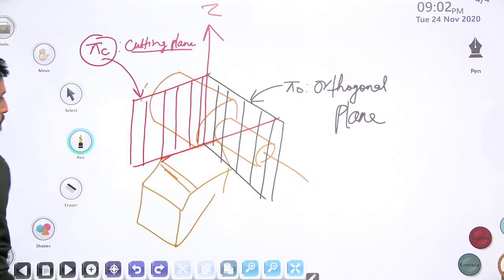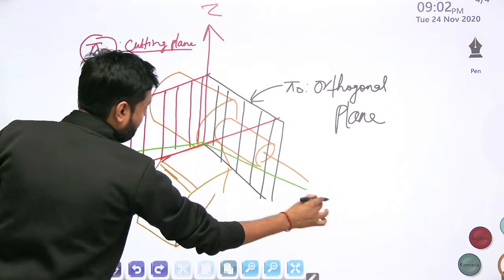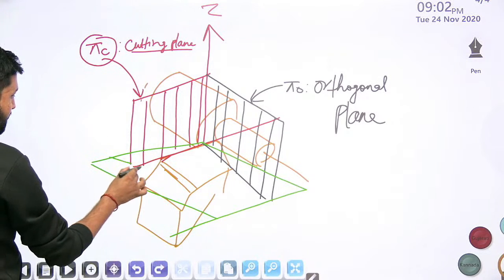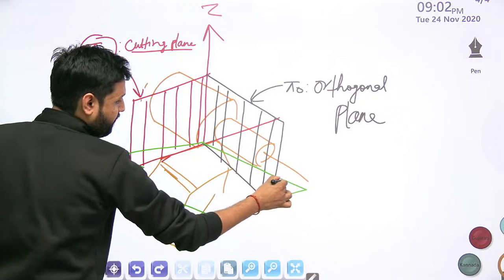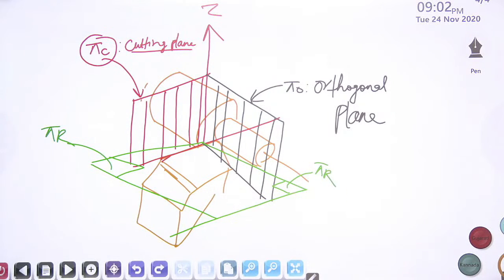This is that plane. This plane is the reference plane. This is common to both systems, the ASA system and the ORS system, the reference plane.